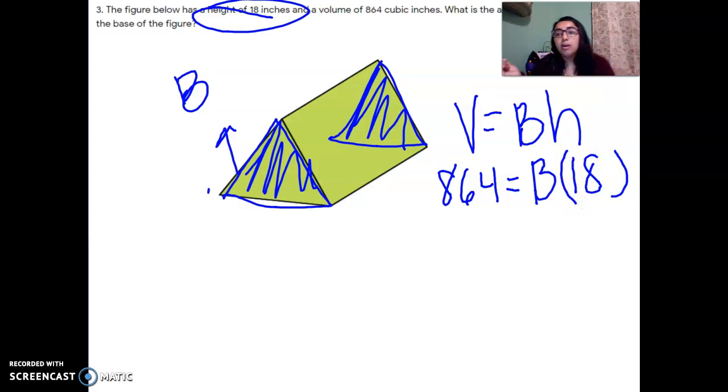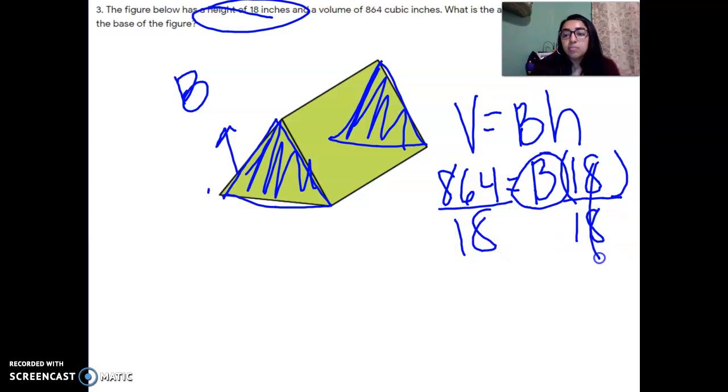Just like on rectangular prisms, we're working backwards, but I'm looking for the area of the base and not my height. So in order for me to get my area of the base by itself, I'll use inverse operations. Instead of multiplying my area of the base by 18, I'll divide by 18. So you have 864 divided by 18, which gives you 48 for the area of your base.